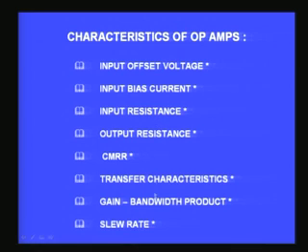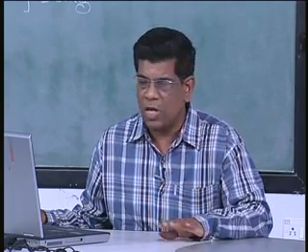All these characteristics are the most important characteristics of the operational amplifier. One should have a good idea about these if you want to make use of these operational amplifiers for different application purposes.